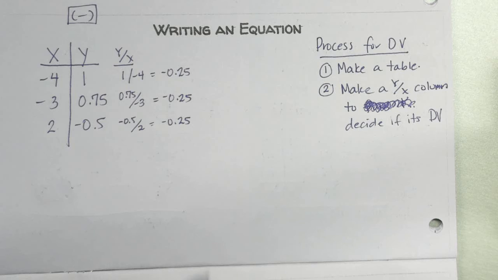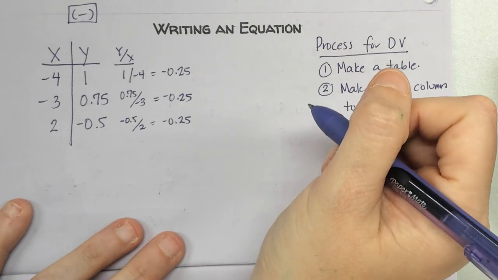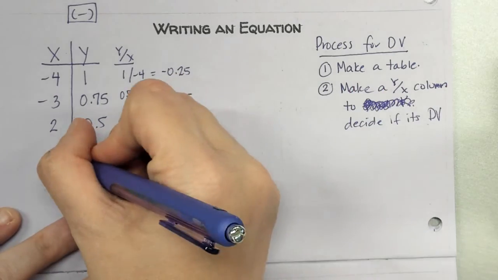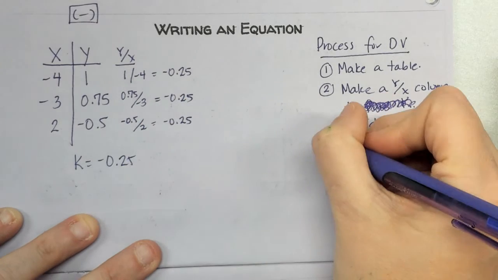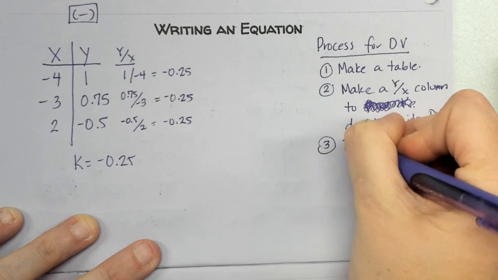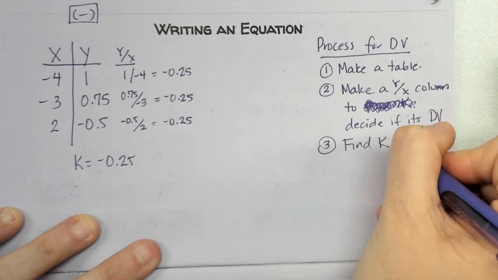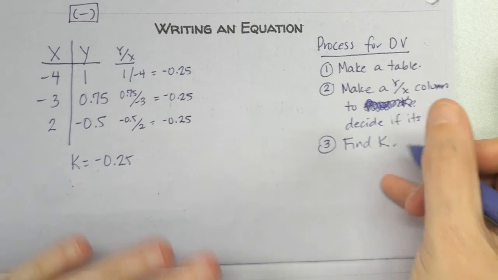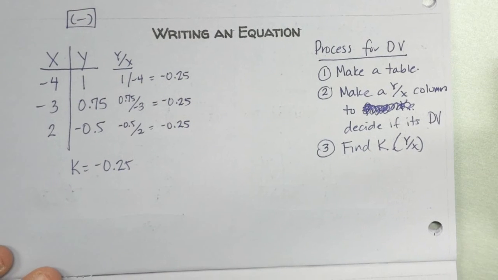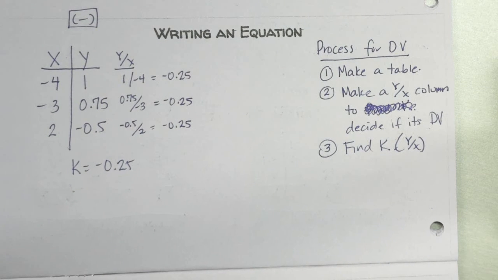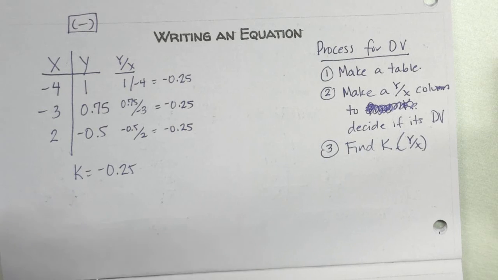Okay, so what 3 things do we know right now? Okay, so we know k. We know that k is -0.25, which is great because find k is the next thing we're supposed to do. And what's k? It's y over x. Now again, I know you're like, but I found k, but they might ask me for k.